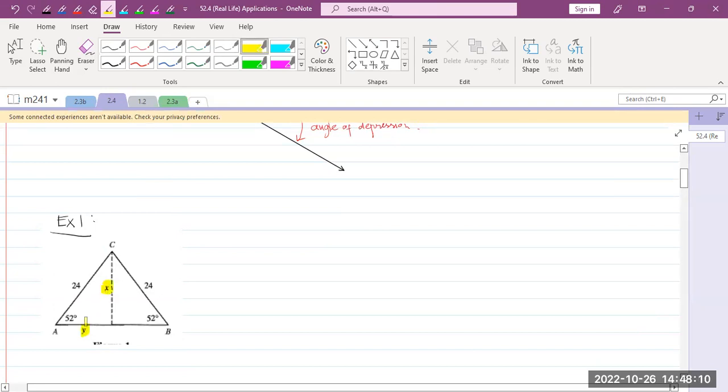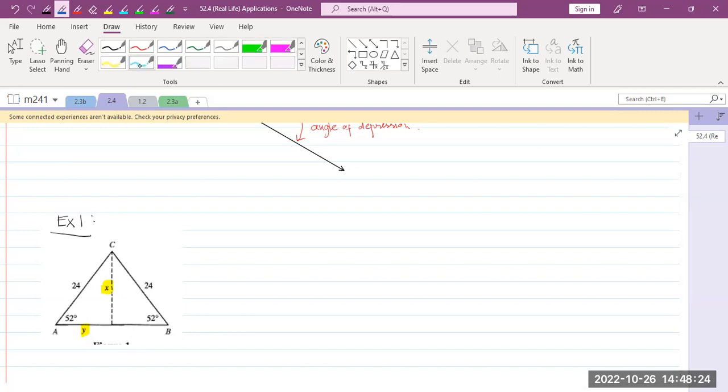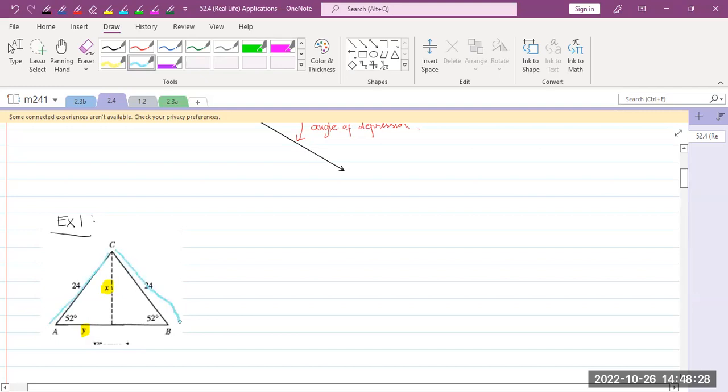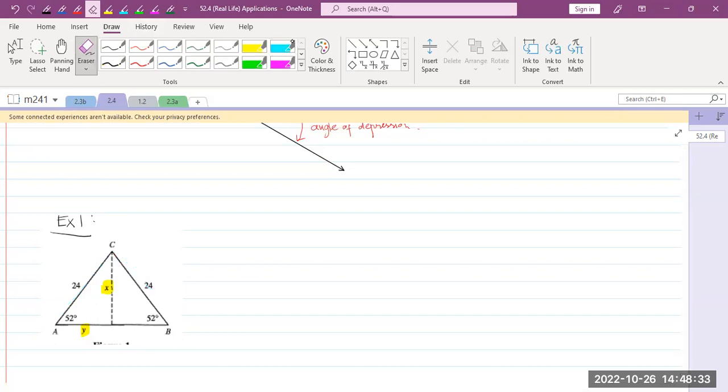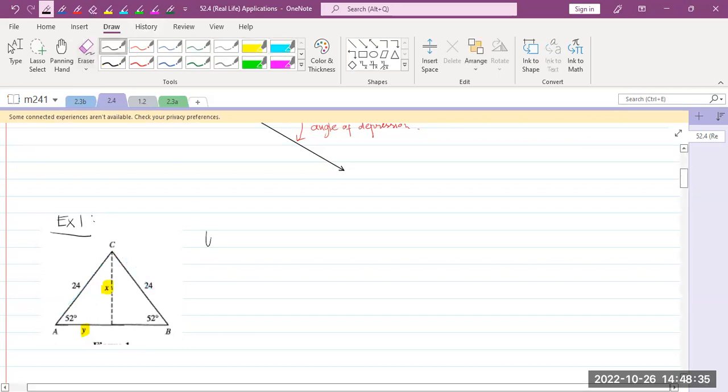Now if you read the question in the book, it is said that we have an isosceles triangle. Isosceles triangle means a triangle with two equal or two congruent legs. Like in this case, these are the two legs that are congruent, both of them 24. We call that isosceles triangle.